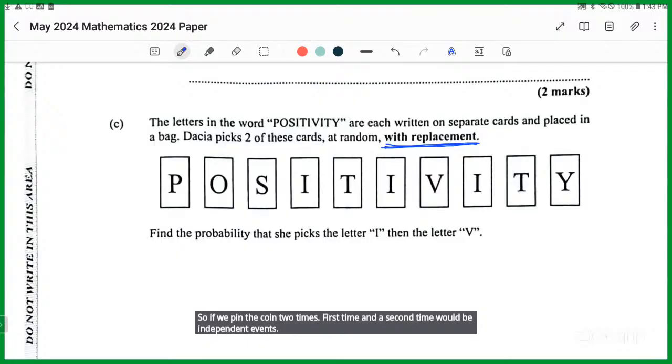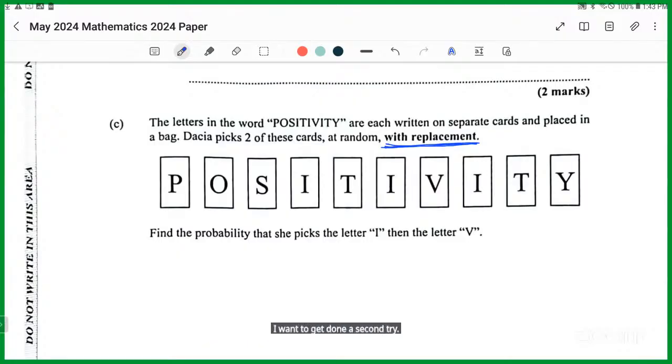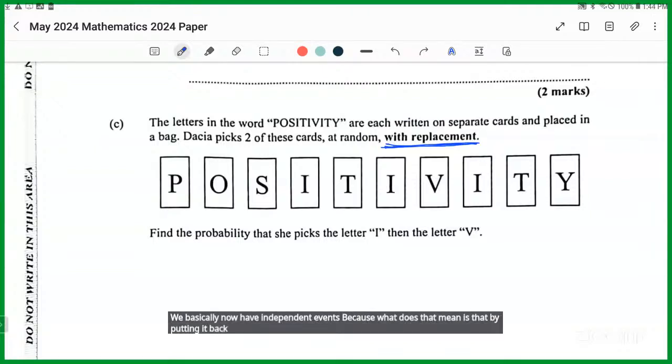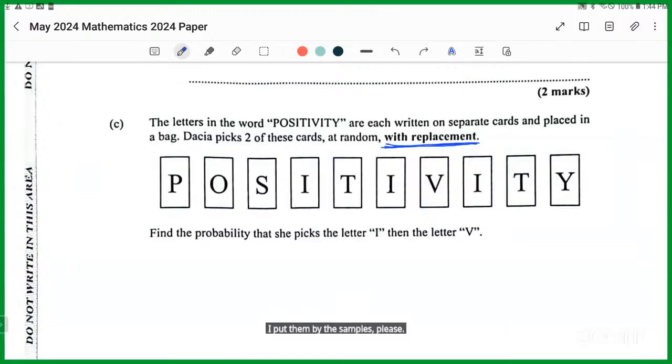What you get on the second try is not affected by the first try. All right? So because they're putting it back, we basically now have independent events. By putting it back, you're putting back the sample space, so the probability remains the same.